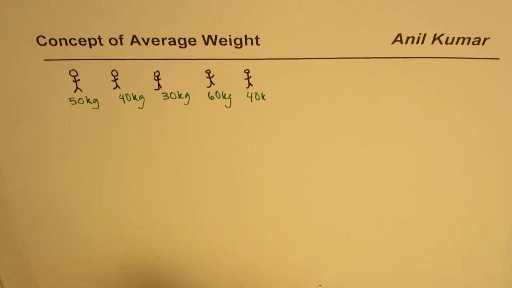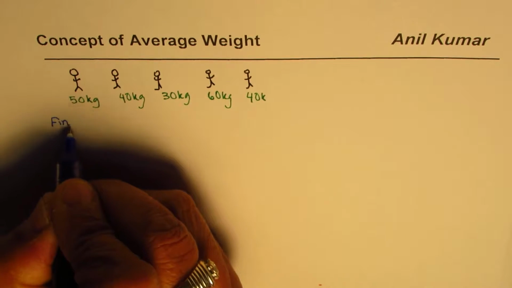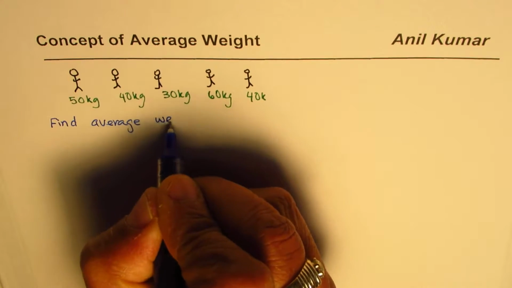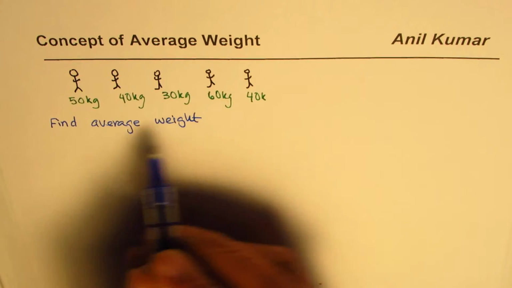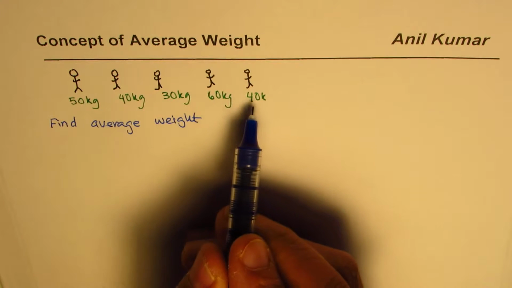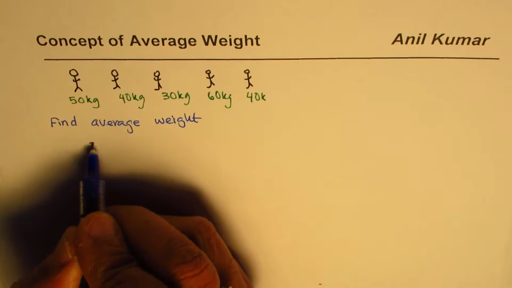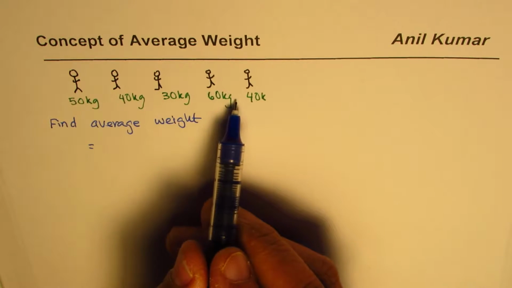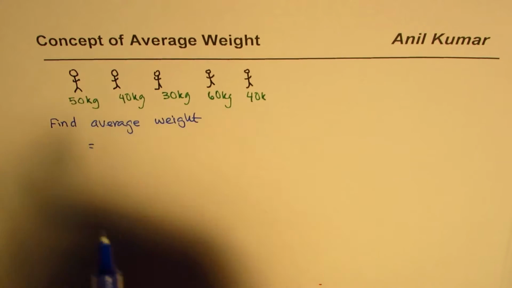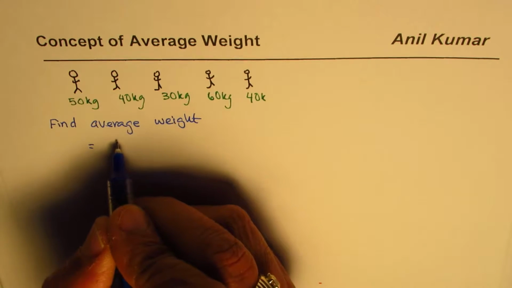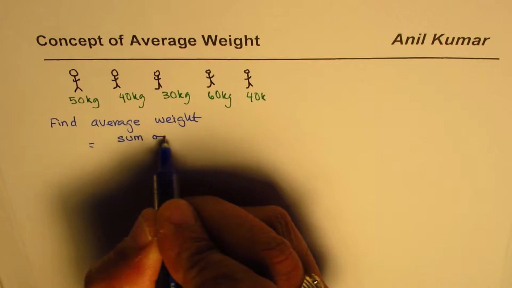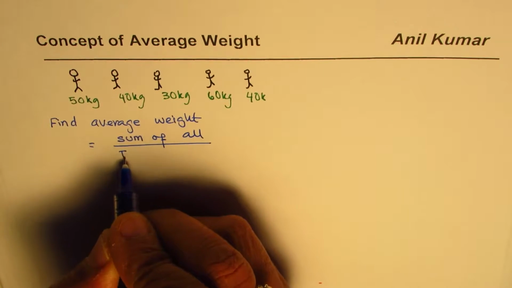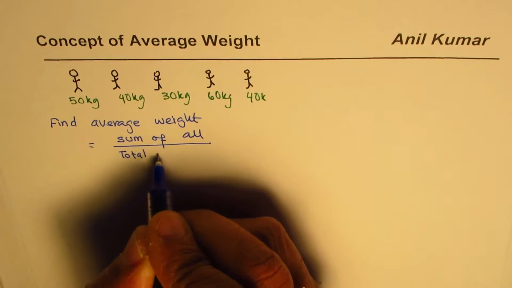Find the average weight. Now average means sum of all divided by number of persons, right? So we are adding 5 people's weight and we'll divide by 5. So normally the formula is sum of all divided by total numbers.